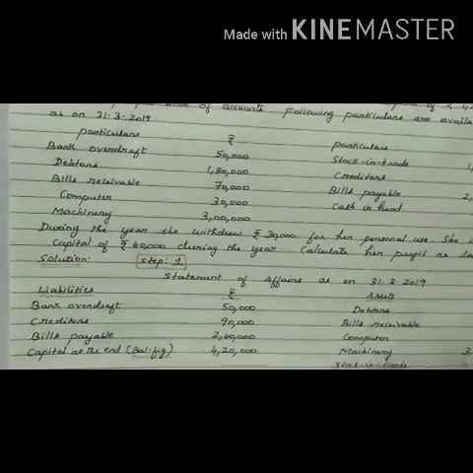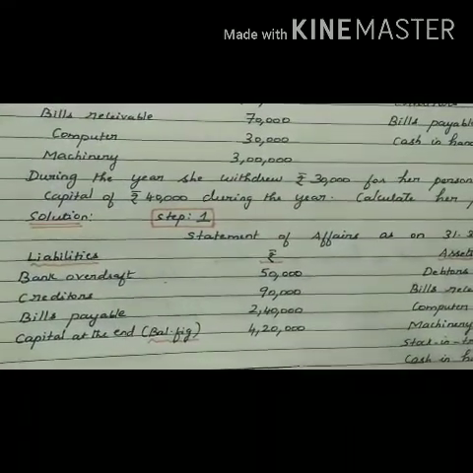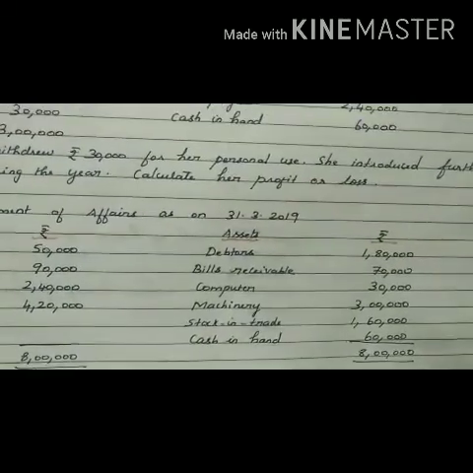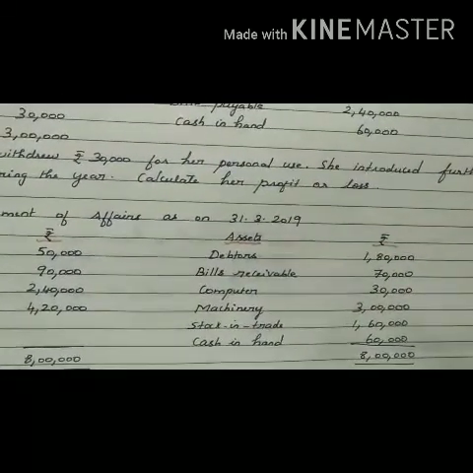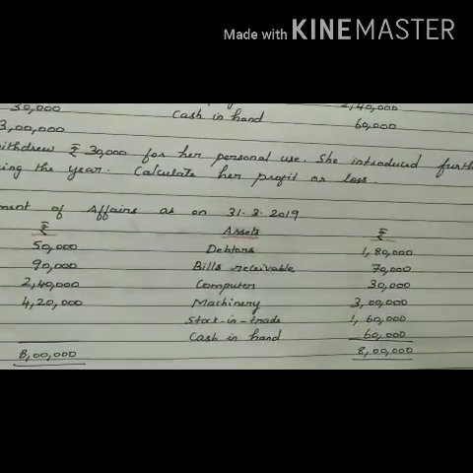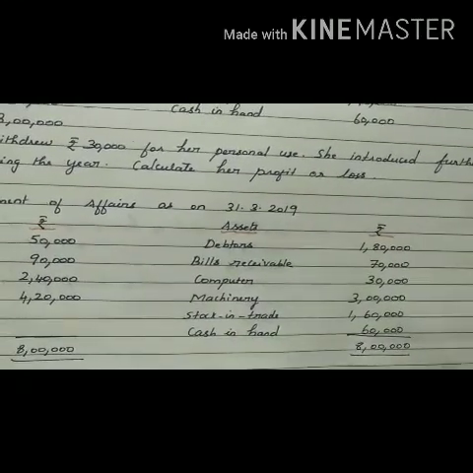So bank overdraft 50,000, creditors 90,000, bills payable 2,40,000. Assets: debtors 1,80,000, bills receivable 70,000, computer 30,000, machinery 3 lakhs, stock in trade 1,60,000, cash in hand 60,000.